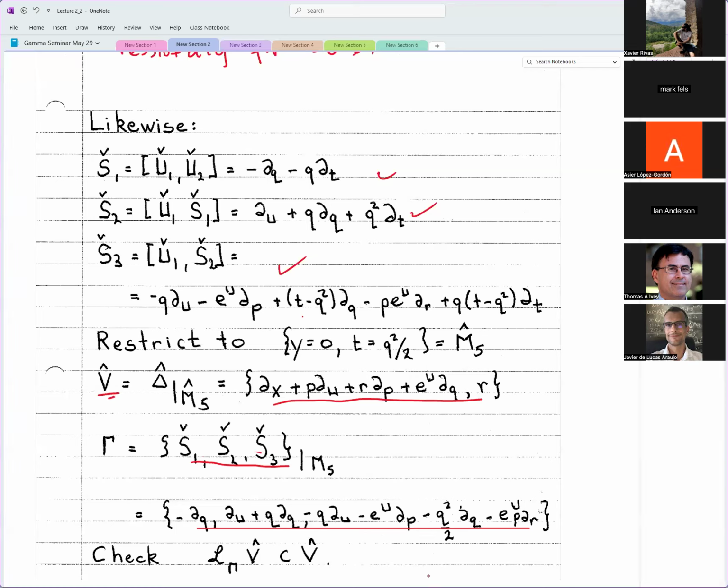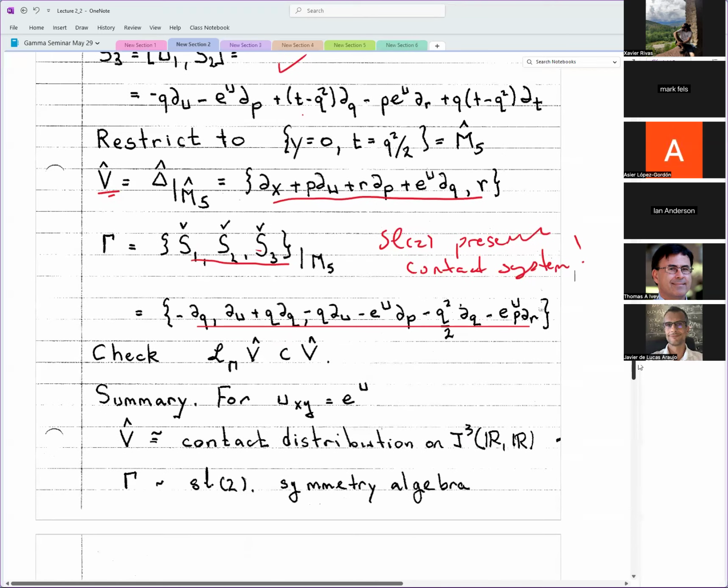Okay, so it's SL2 preserving the contact ideal, contact system. So that's how much we know up to this point. And I've summarized it right here.